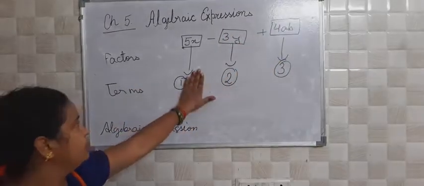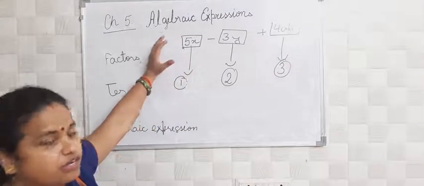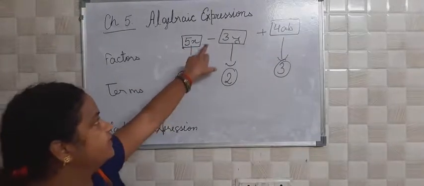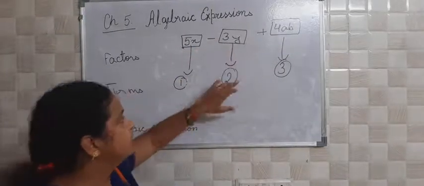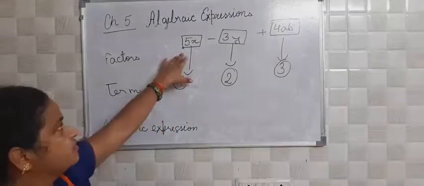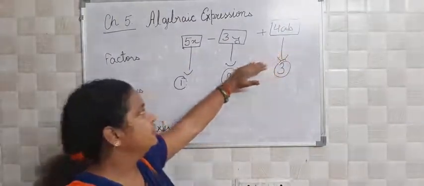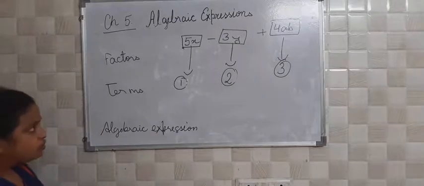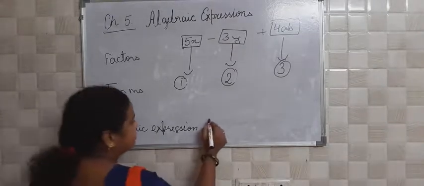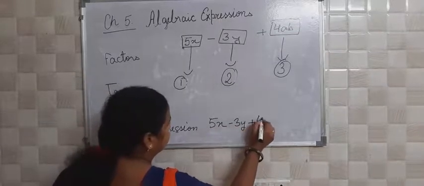And we have told you what terms are. When multiplied variables and constants are separated by plus and minus symbols, they are considered as terms. So here what will be your terms? 5x, 3y and 4ab. When we talk about all together, it becomes an algebraic expression, that is 5x minus 3y plus 4ab.